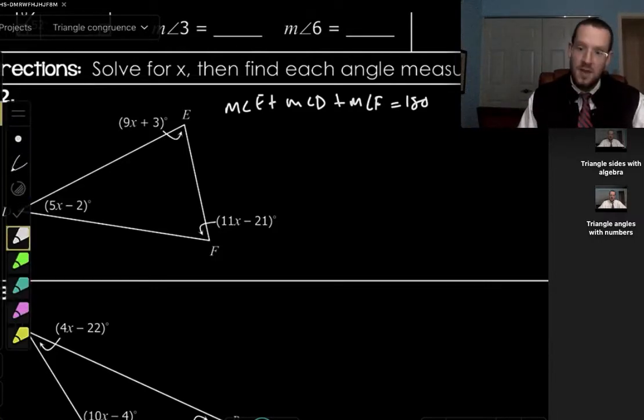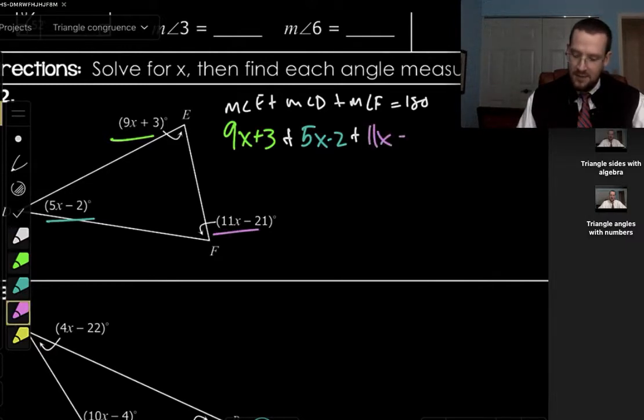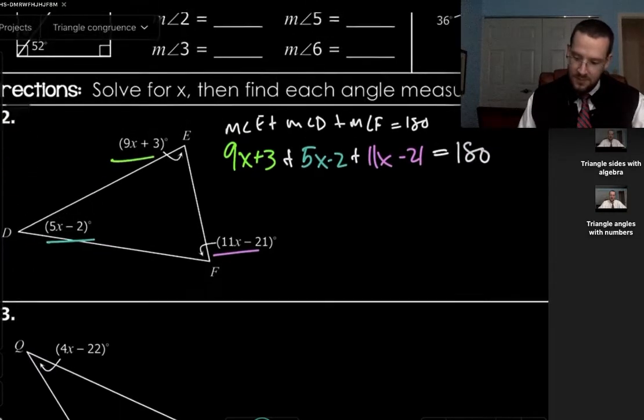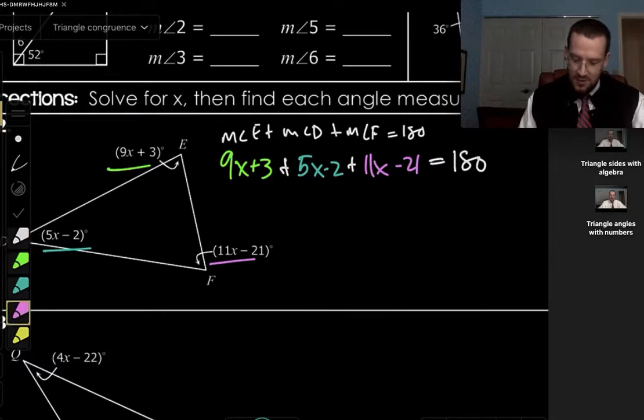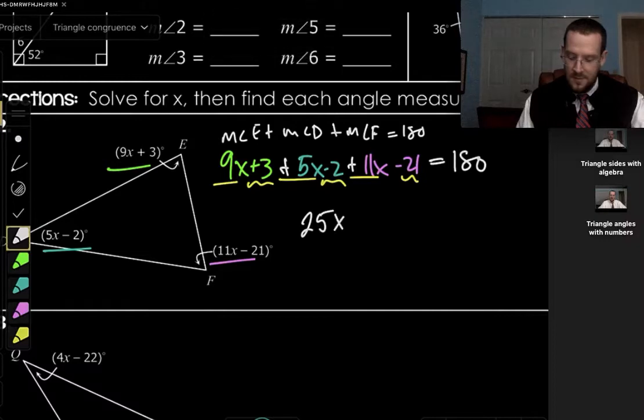So the measure of angle E is 9x plus 3, plus the measure of angle D, 5x minus 2, plus the measure of angle F, 11x minus 21, and that is equal to 180. Now all I'm going to do is combine my like terms. So I'm going to be left with 25x minus 20 is equal to 180.